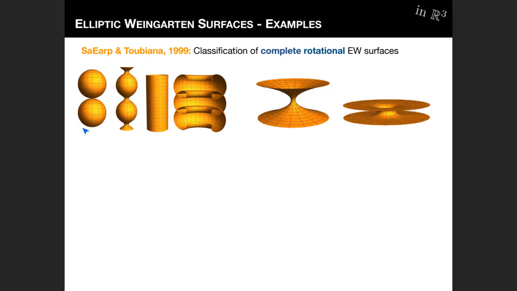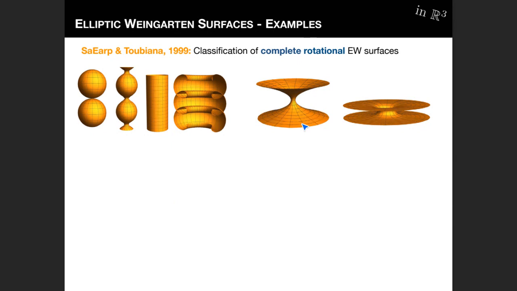So we have spheres, as I said before. We have some onduloid type surfaces. We have cylinders, and we have some nodoid type surfaces. This is for the non-minimal case. In the minimal case, we have catenoidal type surfaces.